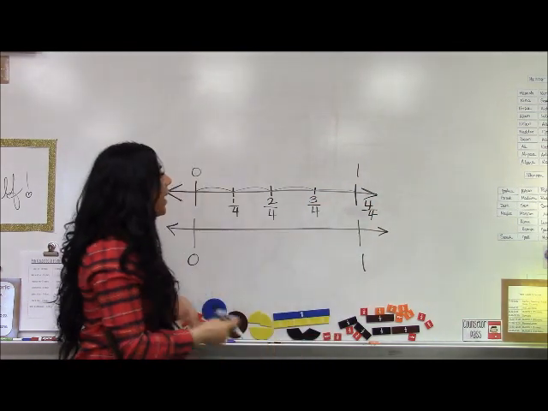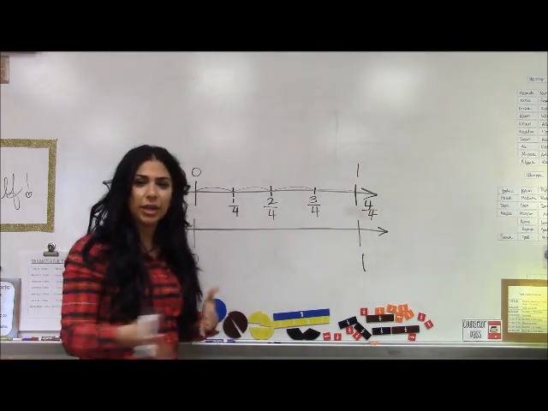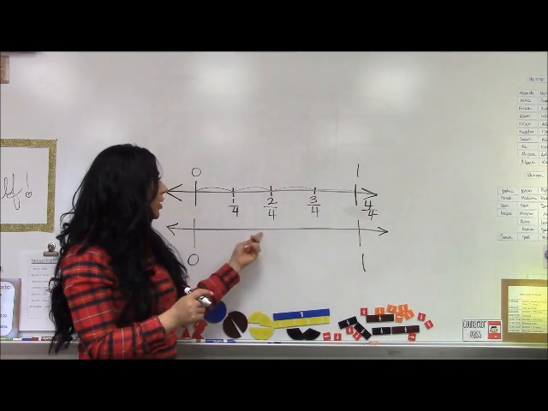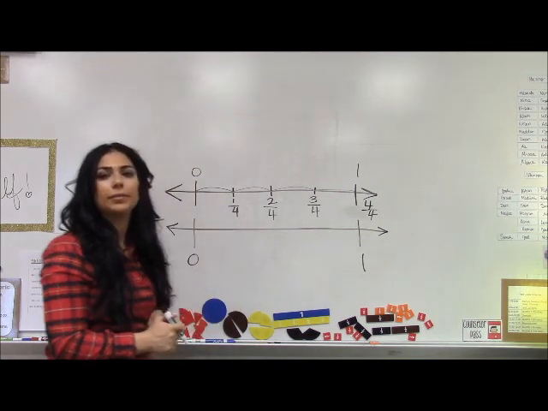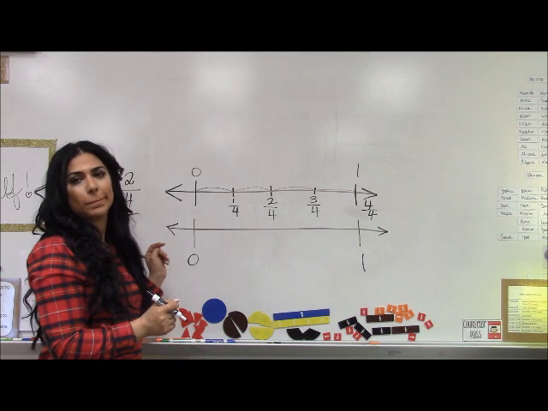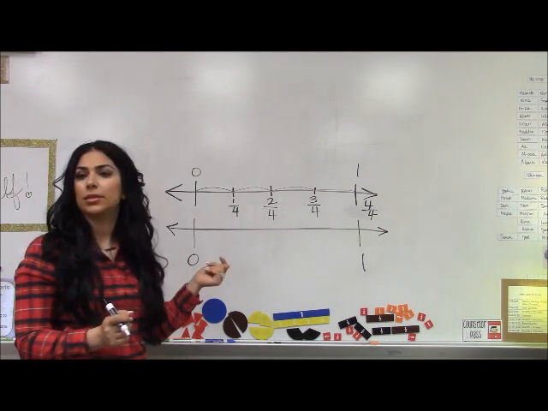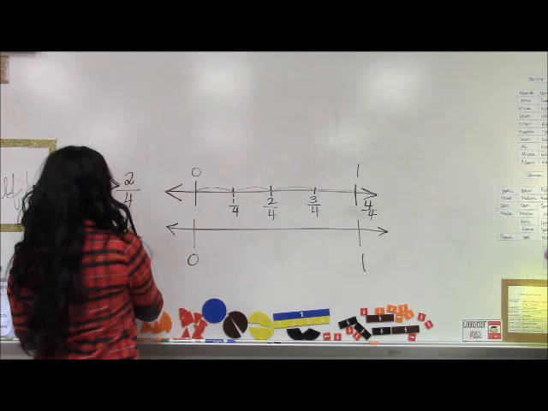Okay, let's go ahead and see if we can compare another fraction. Nina, can you give me a fraction, please, that we would want to put on this number line? How about 3/8? Okay, that's good.